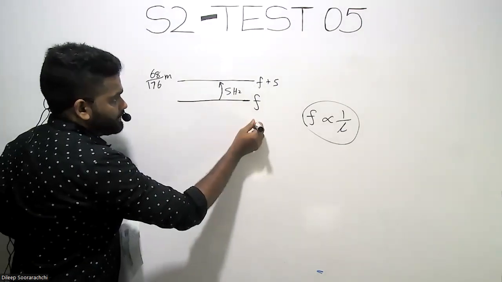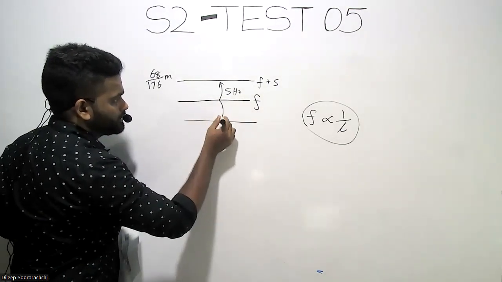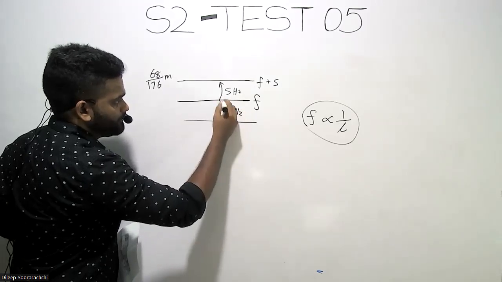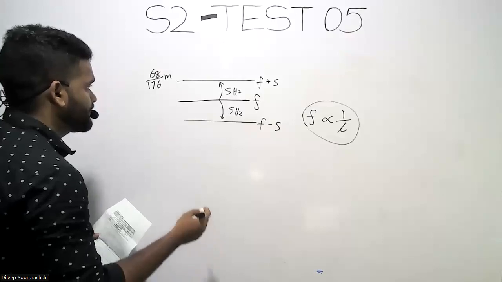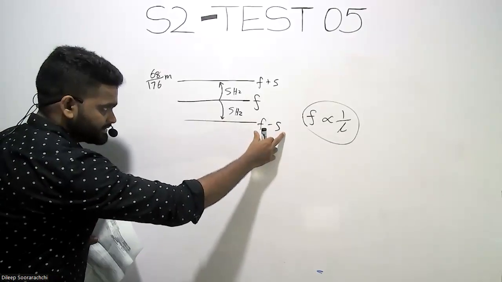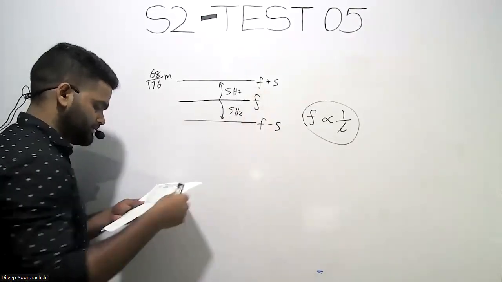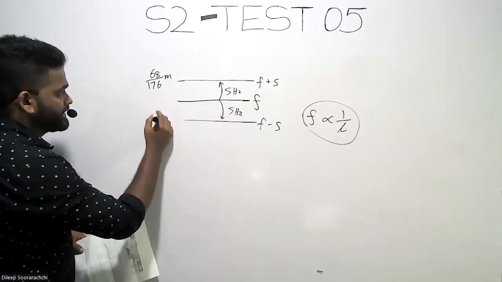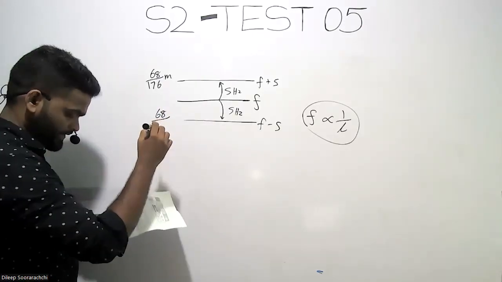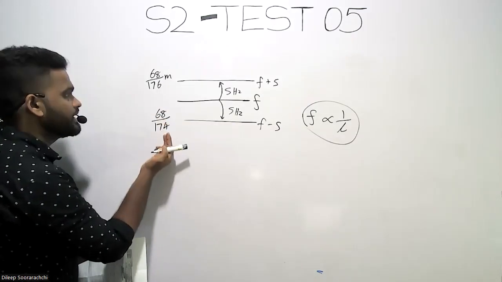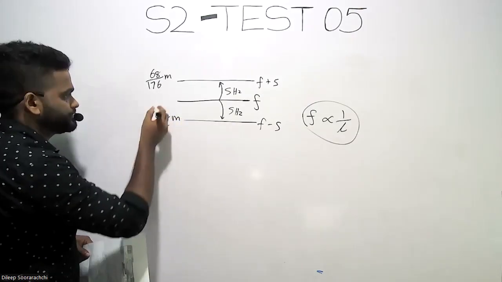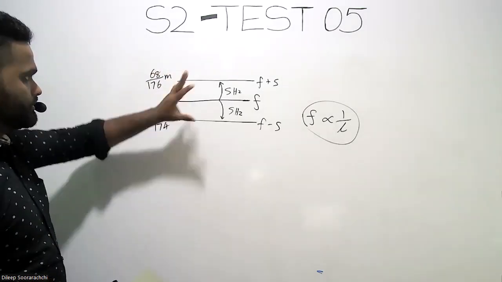Then for the another wave, its frequency should be 5 Hz less. So here the frequency should be F minus 5. If the frequency is less, length should be higher. So the higher length should be the another one, 68 divided by 174. So now we have this.